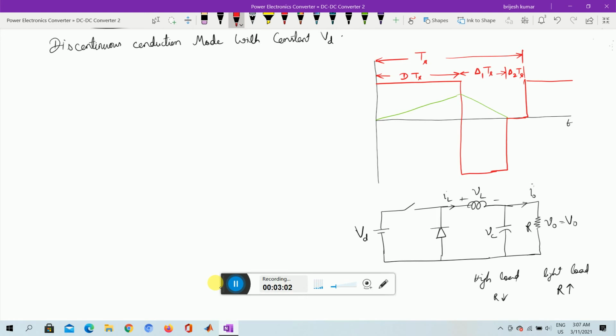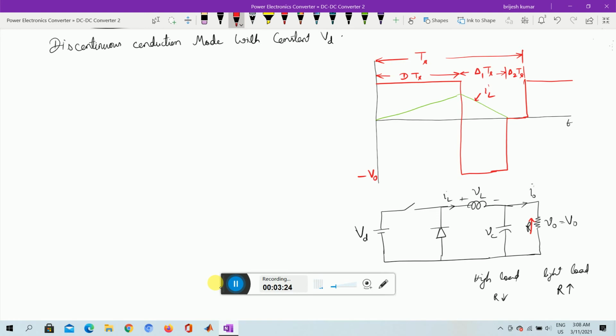Now what happens when the load is reduced? Load reduced means the resistance is increased, so obviously V0 will increase. So the minus V0 which is reflected in the VL will obviously increase. That leads to a discontinuous current, so the value of IL is now discontinuous.